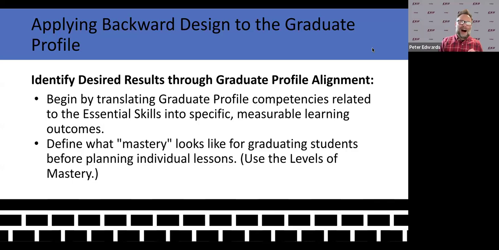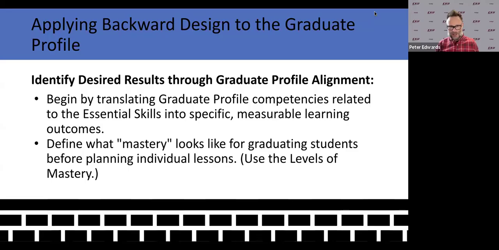Thanks again, Rusty. When you start thinking about incorporating the graduate profile into your content, once again you want to start with what you want your students to know at the end.